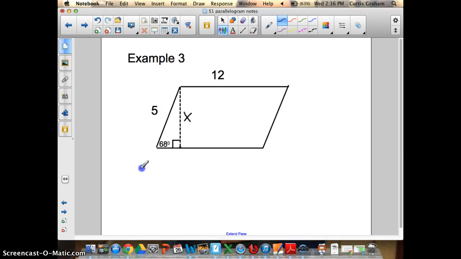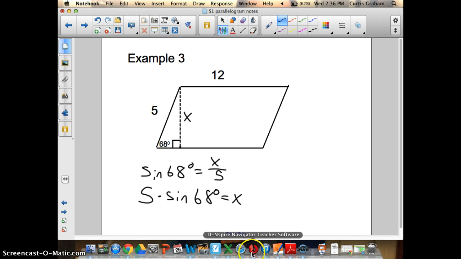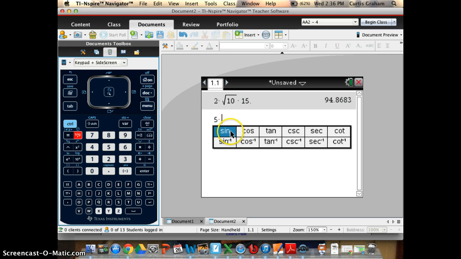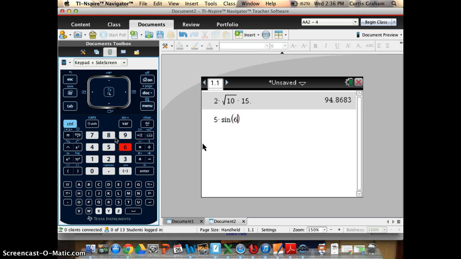So sine of 68 degrees is equal to x over 5. So 5 times the sine of 68 degrees is equal to x. Plug that in our calculator. 5 times the sine of 68 degrees is 4.6.